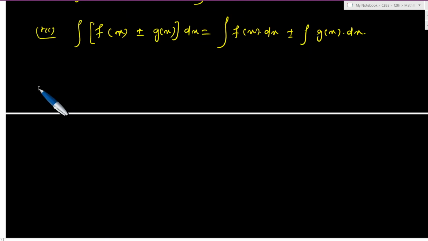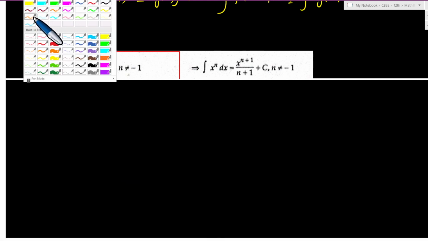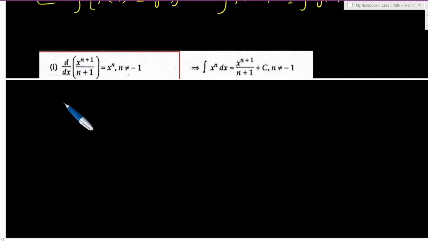Let's solve a problem using this formula, okay. We know that d by dx of x square is equal to 2x according to this formula. Okay, we know this.